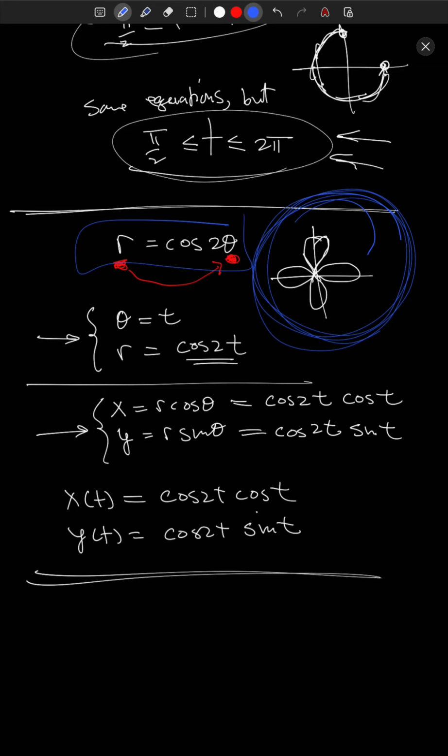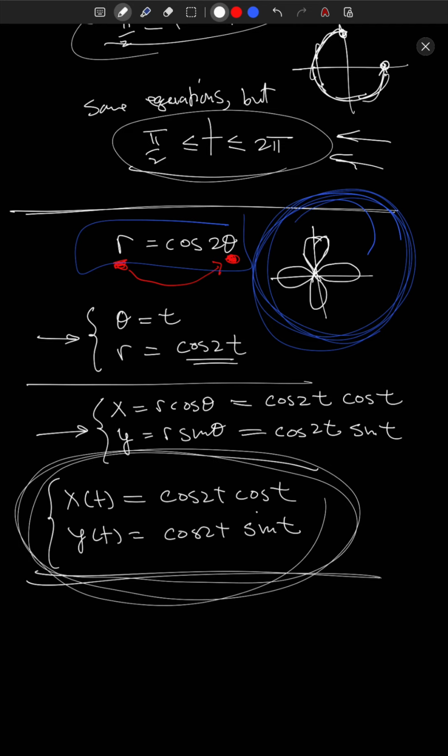And so the equation relating x's and y's is going to be really nasty. On the other hand, if we use parametric equations, we just have to study these two equations individually. This function here, that function there. Together, analysis of these two functions can help me analyze properties of this flower right there.